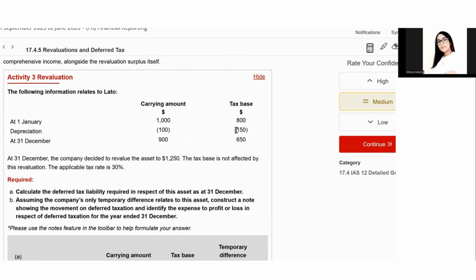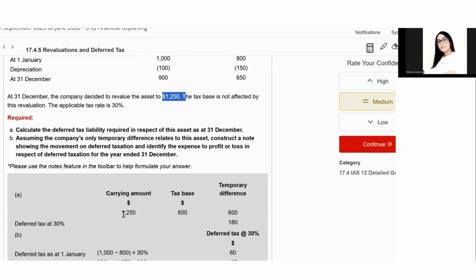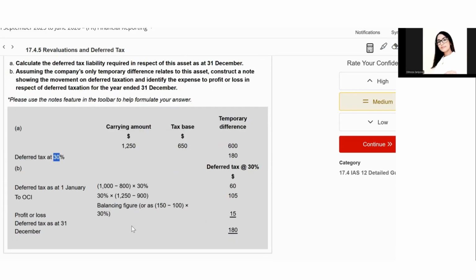Because for tax purposes, you have different depreciation methods, right? So you just don't do anything with your tax base in this case. You just take the new carrying amount and apply it, right? Calculate the temporary differences between them, calculate the deferred tax because it's 30% tax rate, right?